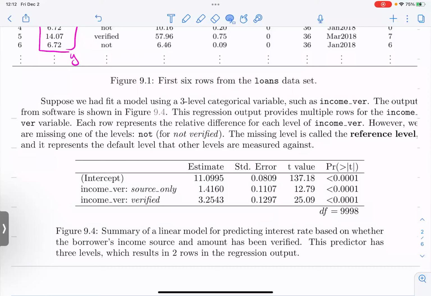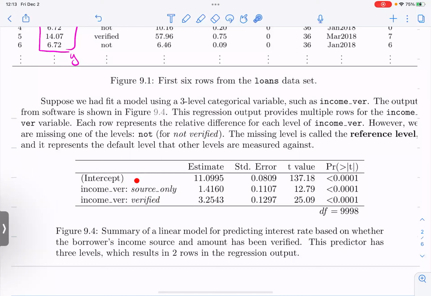So if we use the income verification, there are 3 levels. What happens is we use one of the levels as a baseline, and usually it's just automatically decided by R, but I think with any software you could specify which one you want, though usually you just let it pick whichever one it wants. In this case, we know the options are source only, verified, or not verified.